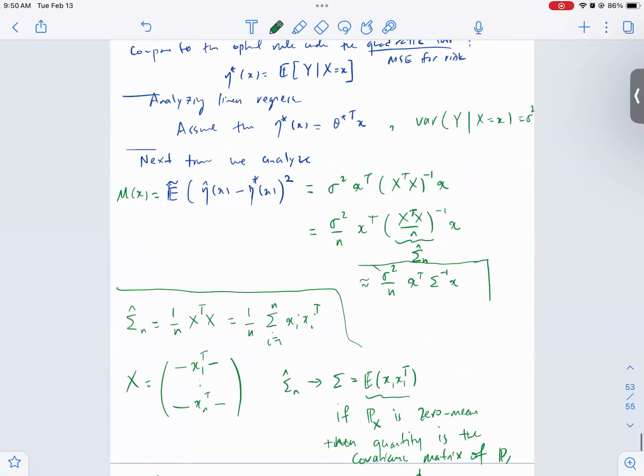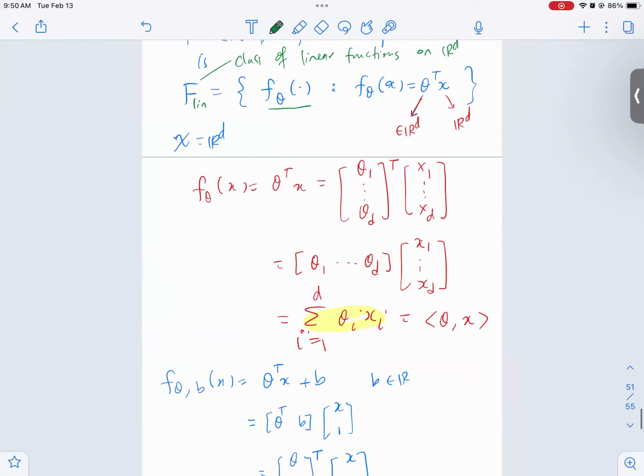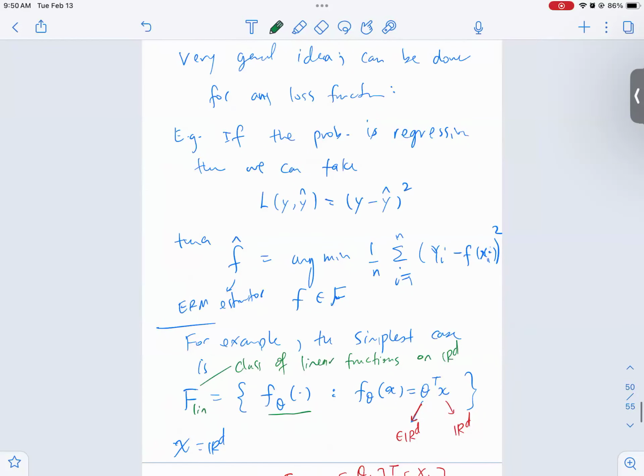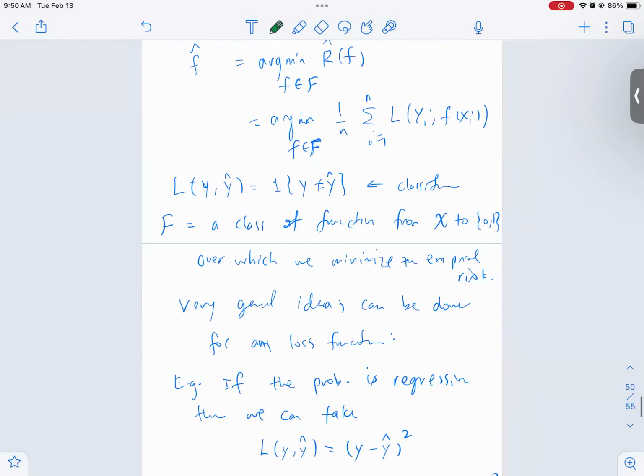Okay, so let's go back. What we did was to talk about the general framework of empirical risk minimization. I replaced the expectation in the risk with the empirical expectation.